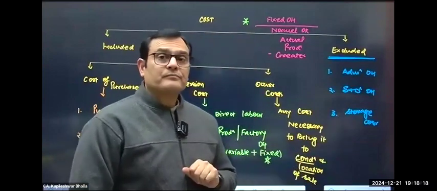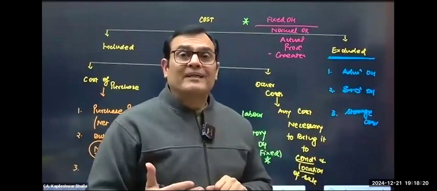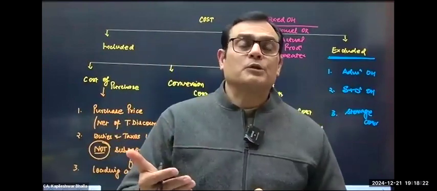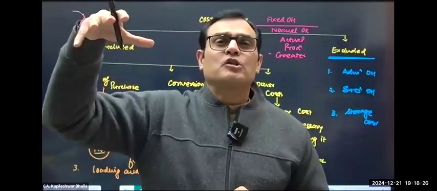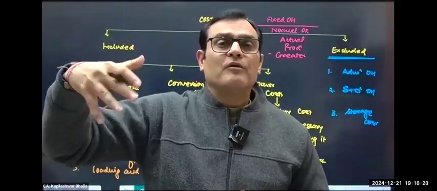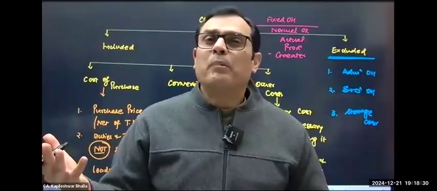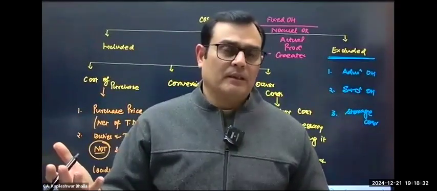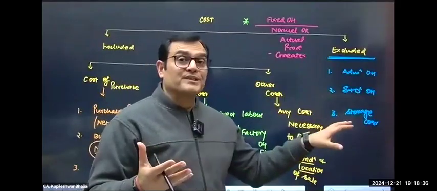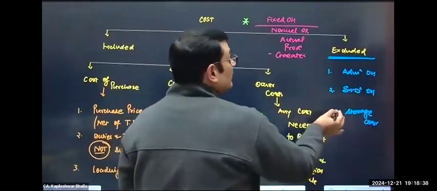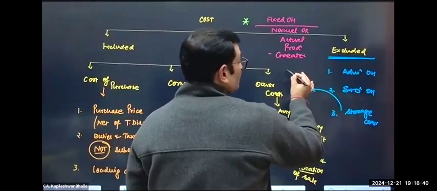For example, a company manufactures wine. This is a real situation. When a company manufactures wine, it is to be stored in containers for fermentation. It's a part of the production process. The storage of the inventory is a part of the production process. So it will be included if it is a part of the production process.